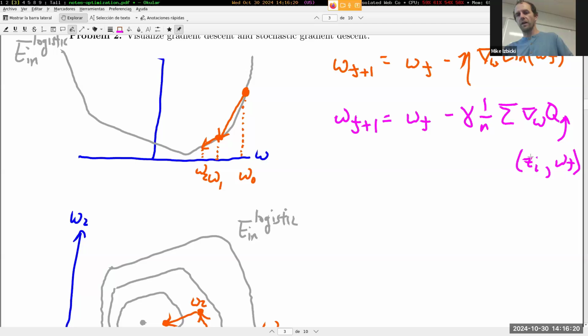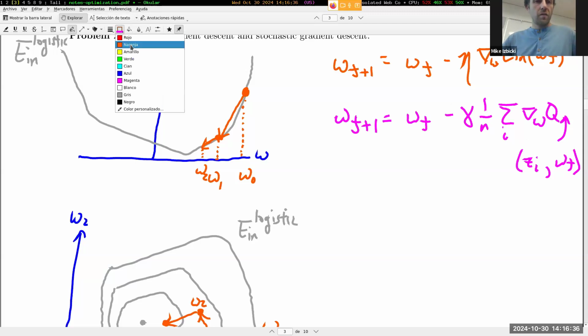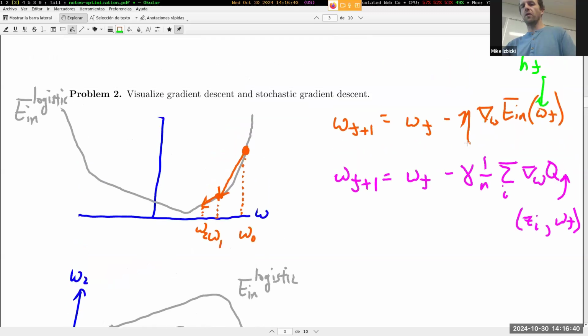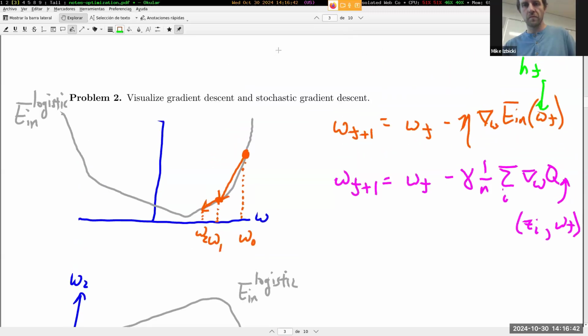The i over here that we're indexing on for our data points is the i right here that we're looping over in the summation. And the t over here that is our weight vector, our hypothesis, is the t from our iteration. Both eta and gamma over here are real numbers.